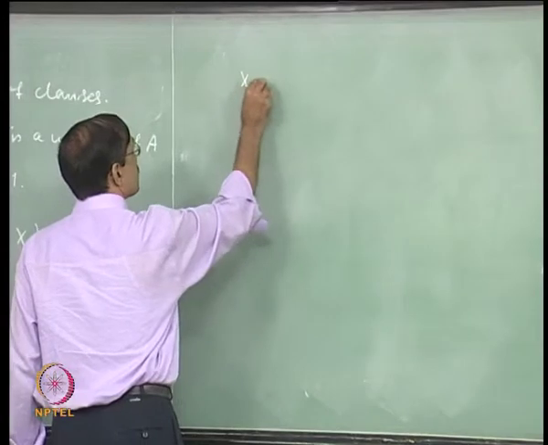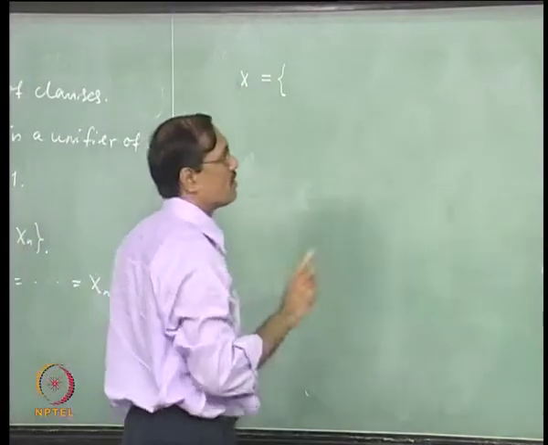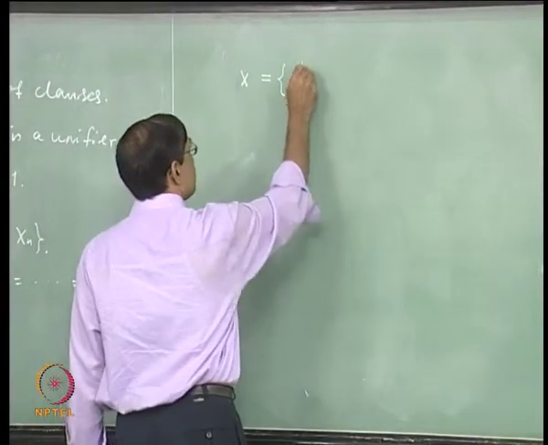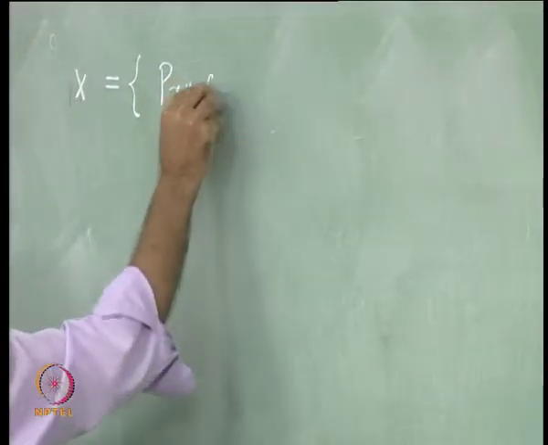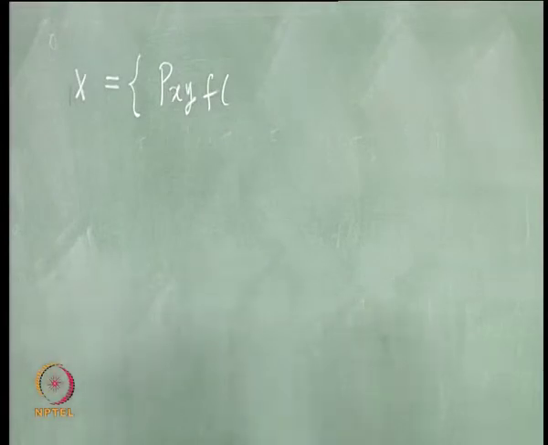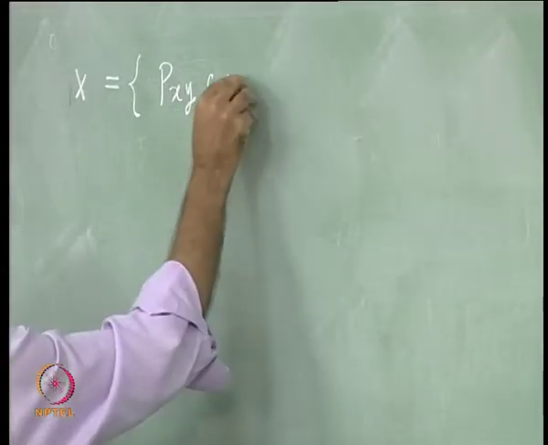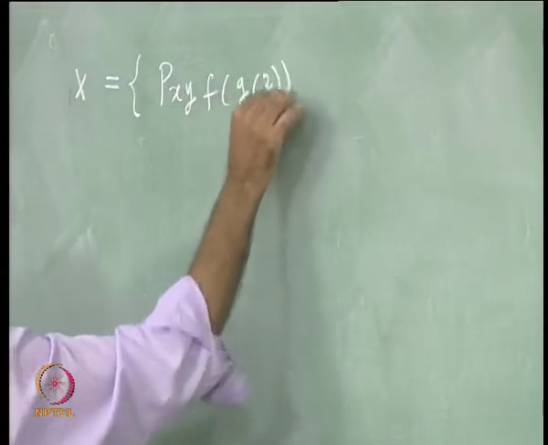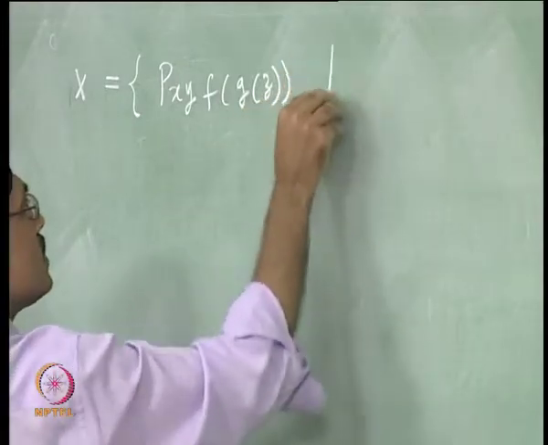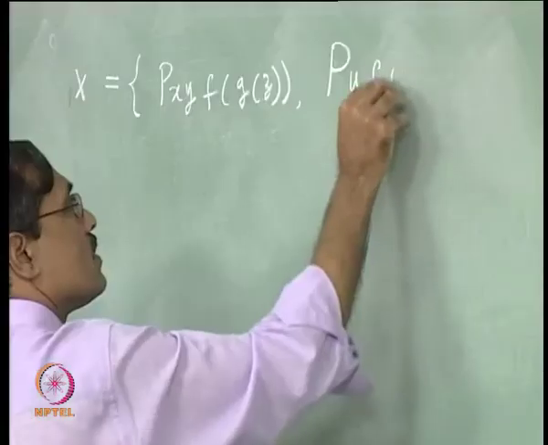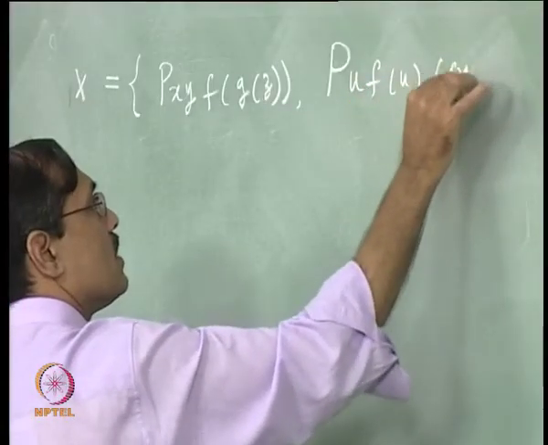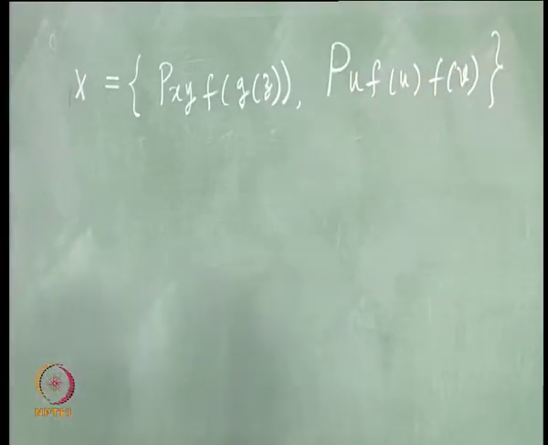Let us see one unifier. We will start with the formula: P x y f of g of z, and then the next is P u f of u f of v. So this is my set of clauses, okay.